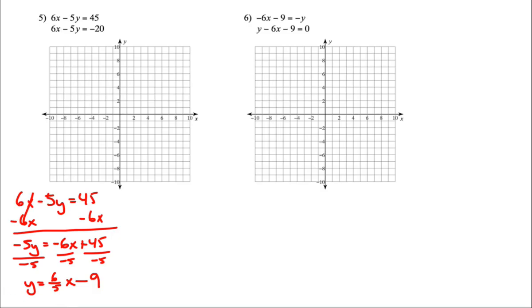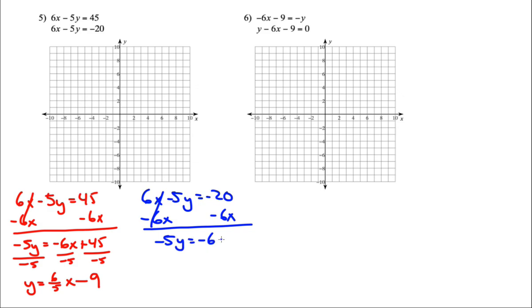And then if I do the same thing for my blue equation, that's 6x minus 5y equals negative 20. Subtract 6x from both sides. That cancels. I'm left with negative 5y equals negative 6x minus 20.